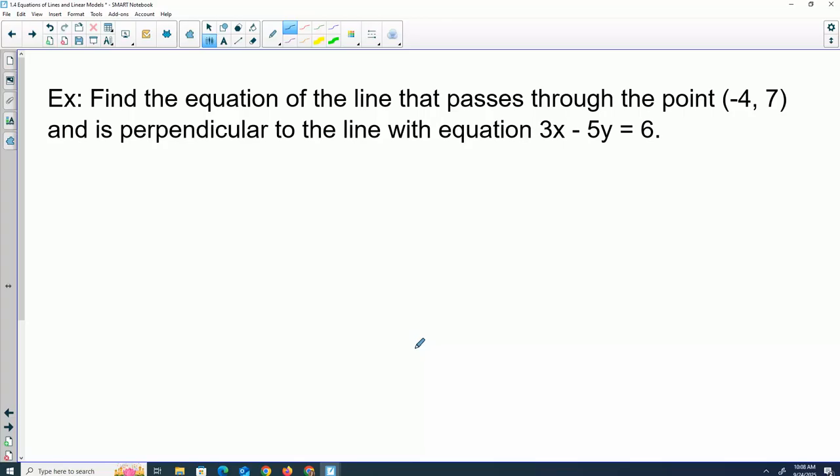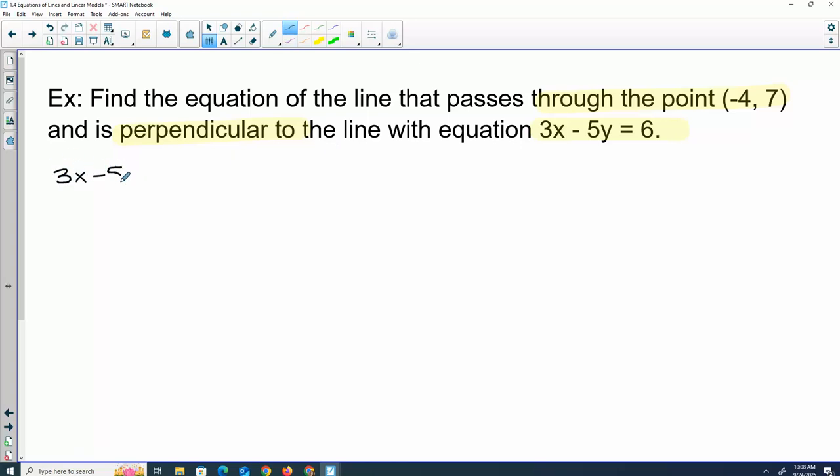I want to go through the point -4, 7 and perpendicular to 3x minus 5y equals 6. So, first we have to get our slope. Start with your 3x minus 5y equals 6.